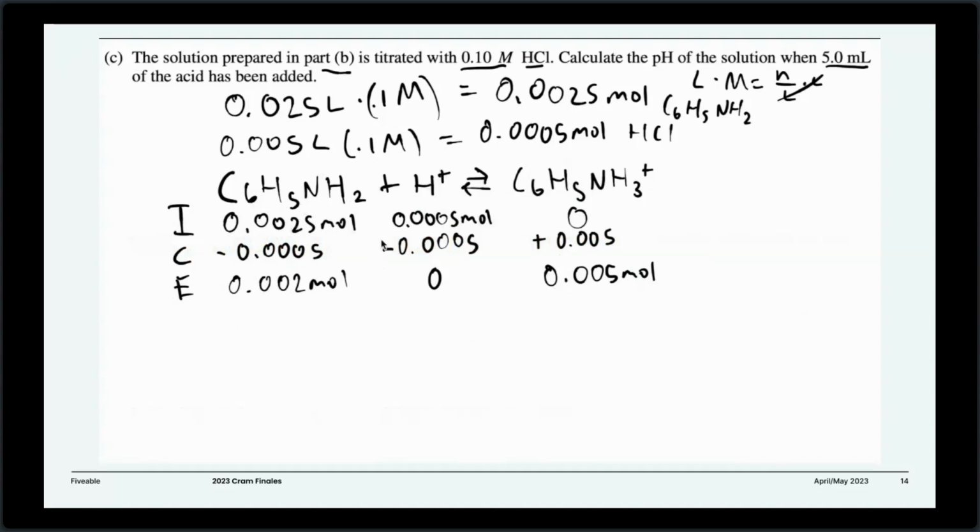Now from there, we need to find our molarity, and all we need to do is get our concentration. So if we want to find the molarity of aniline, we take 0.002 moles, and we divide that over 0.03 liters. Now you might be asking, why are we dividing by that amount of liters? Well, it's because that is the total volume that we have from HCl and from aniline.